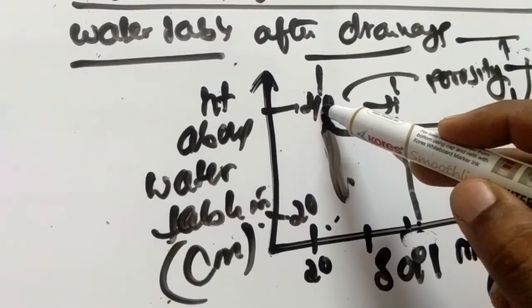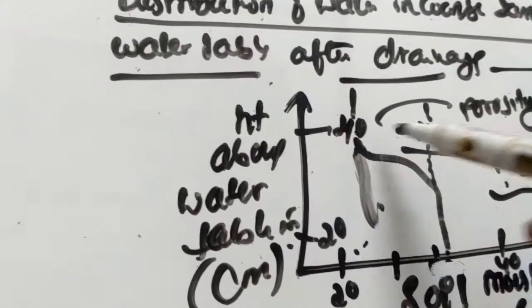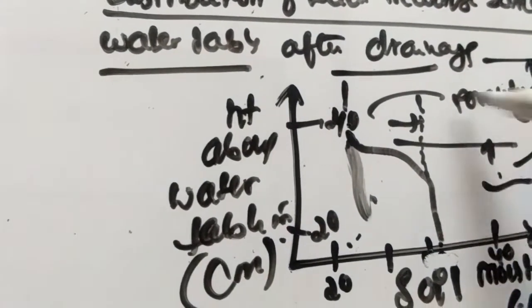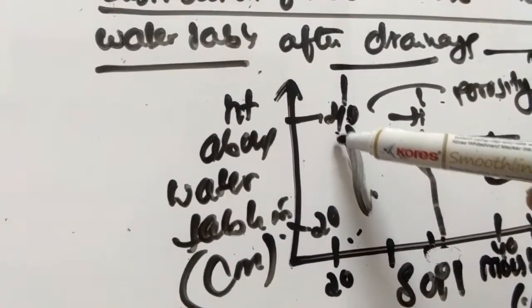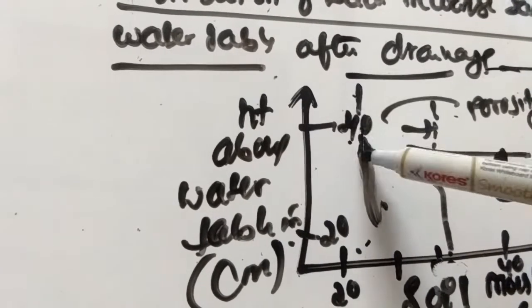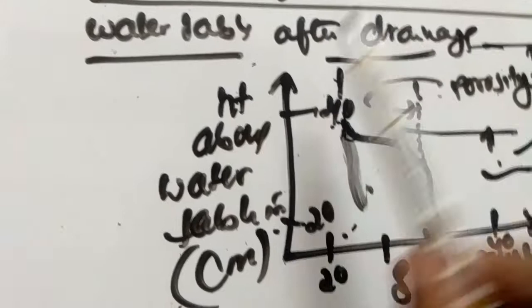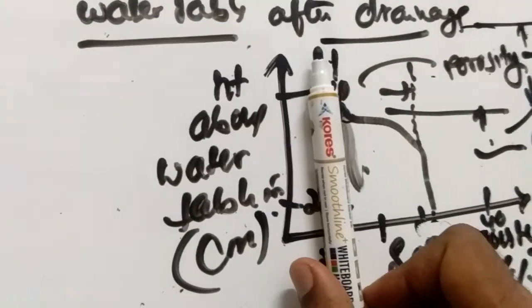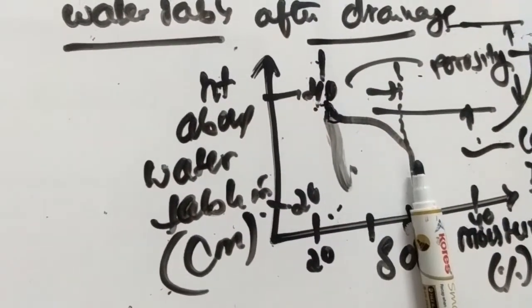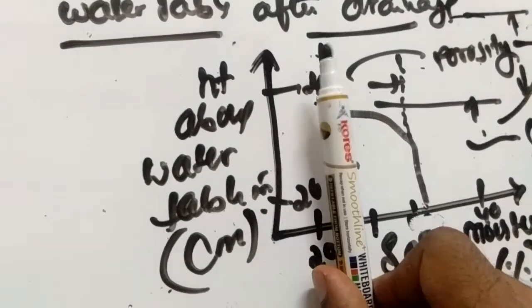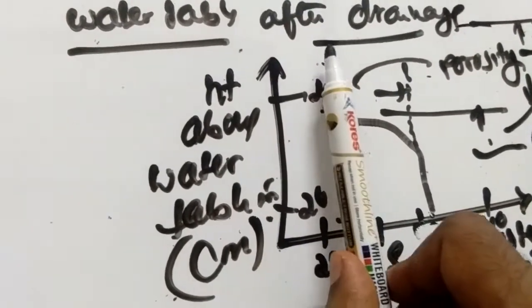When it reaches the intermediate zone, the moisture content only represents the hygroscopic water. So here we can see this is the hygroscopic component. This is the moisture content held by capillary action. This is the moisture held by hygroscopic water.